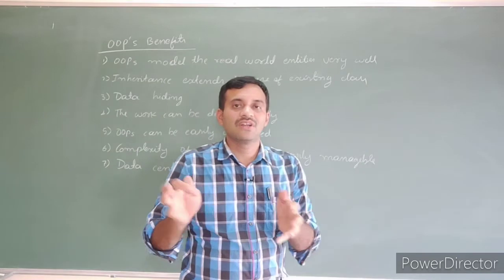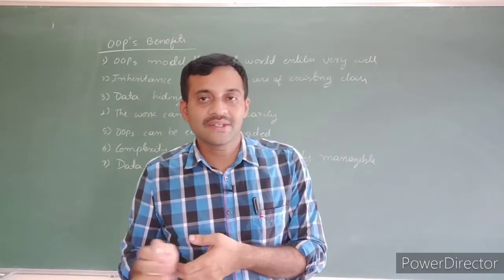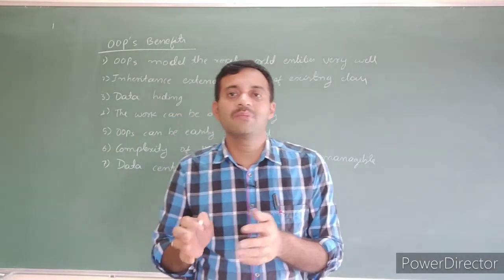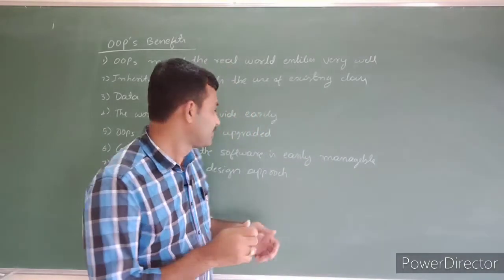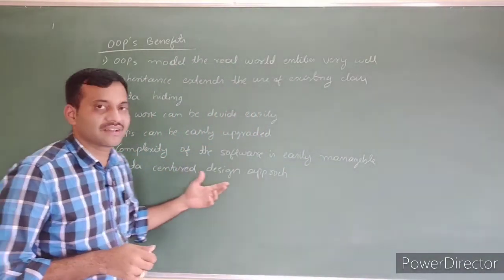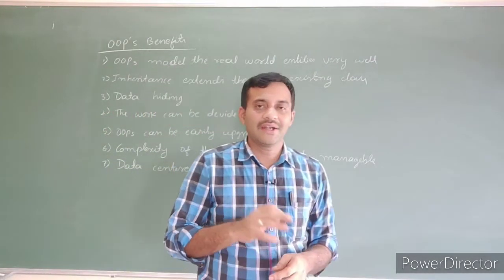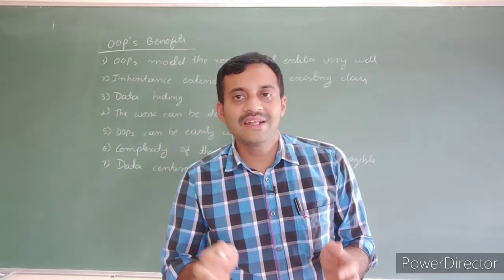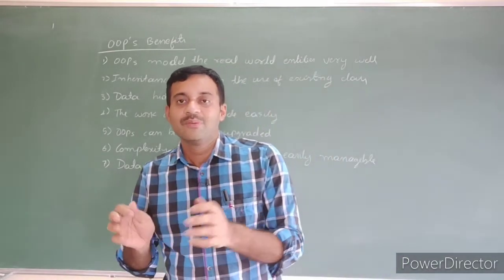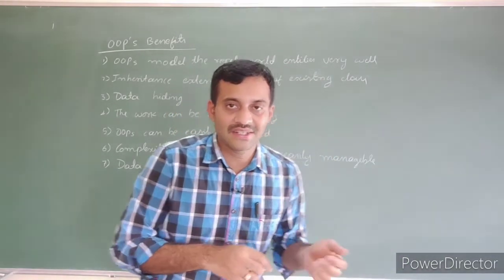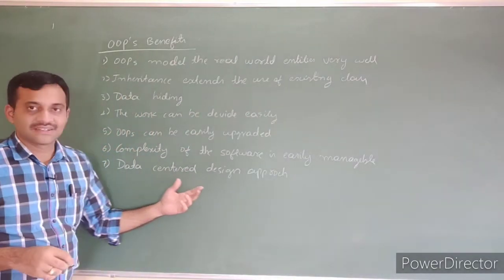Here we use the modular technique and object oriented technique, hence the complexity of the program is reduced. It is easy to test and debug. Then last one is data centered design approach. In an entire object oriented program, we mainly concentrate on how to preserve the data. Hence it is a data centered design approach.